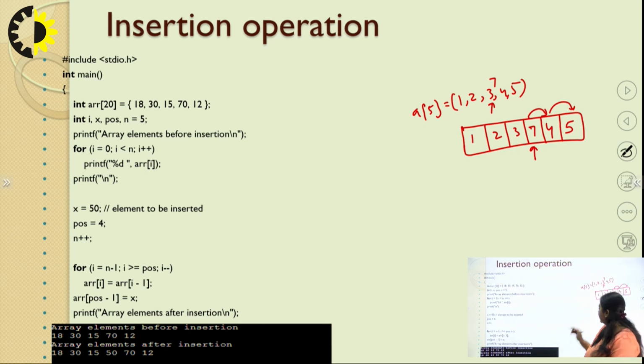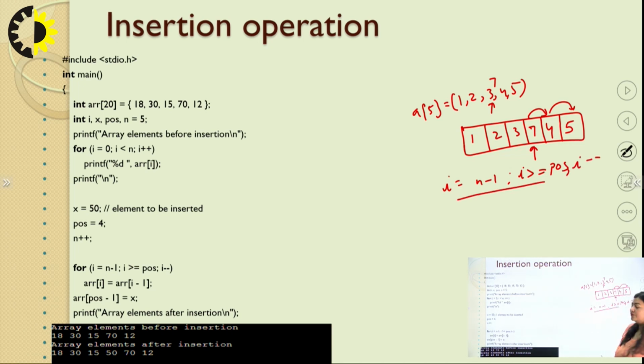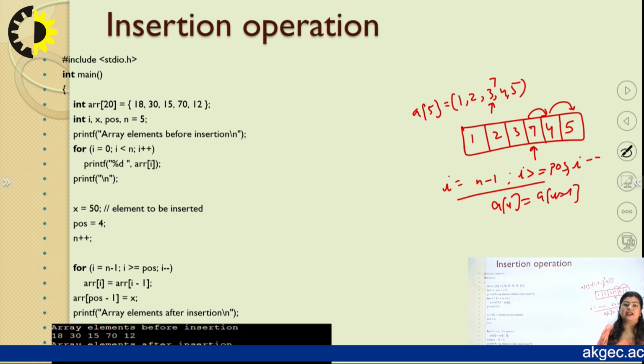Let's take i = n - 1, i greater than or equal to position, and i minus minus. Apply this for loop and insert the value of 7. array[i] = array[i - 1] means shifting the elements to the other blocks.